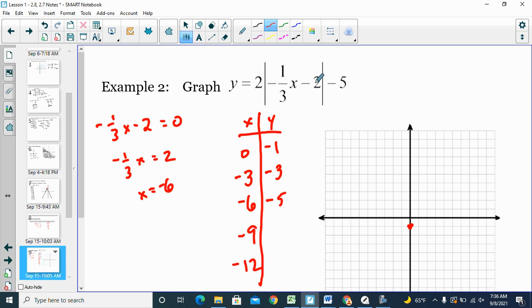Here I get 3 minus 2, that's 1, times 2 is 2, minus 5. 4 minus 2 is 2, times 2 is 4, minus 5. And plot the points. And we get a nice looking V that looks like that.